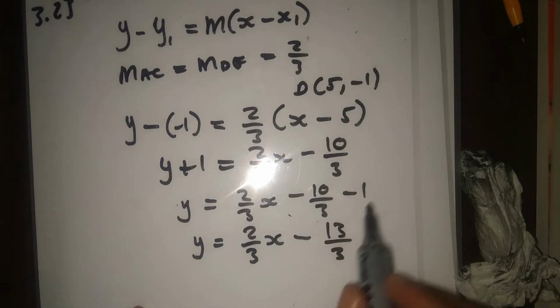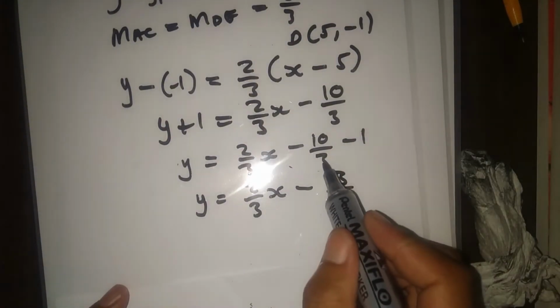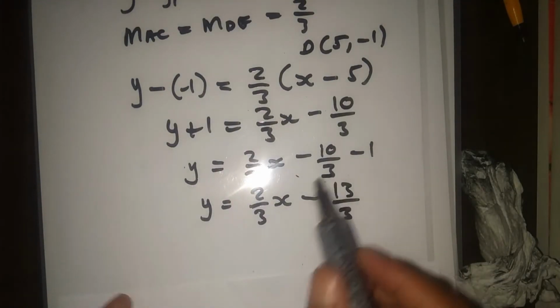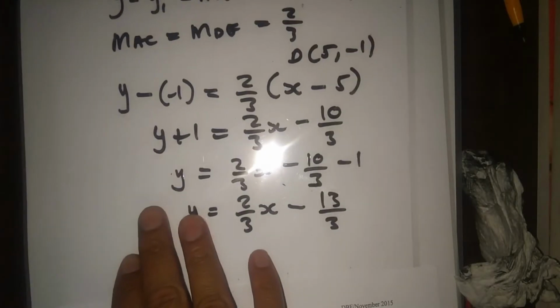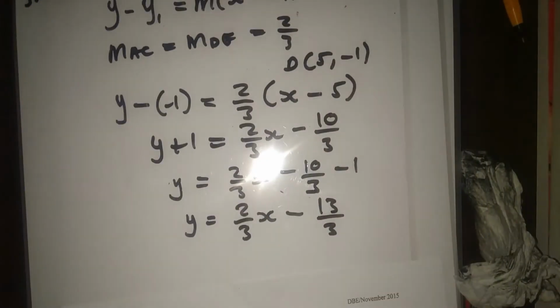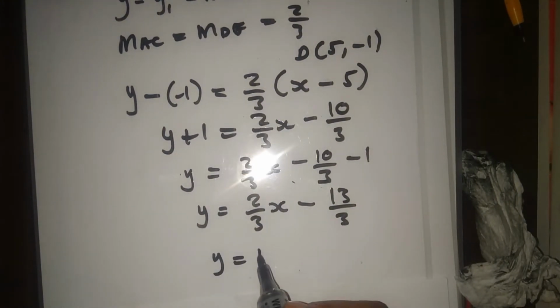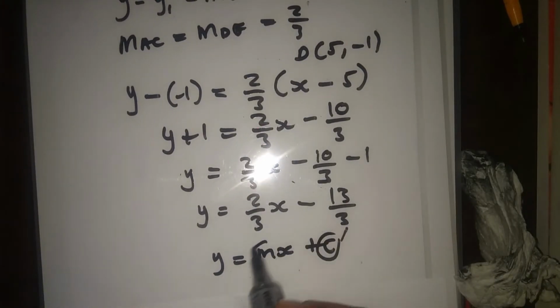You can punch this in your calculator, but knowing how to do calculations mentally can save you time in an exam as well. Sorry for the noise. Now the equation is y equals mx plus c, with our c, gradient, x and y.